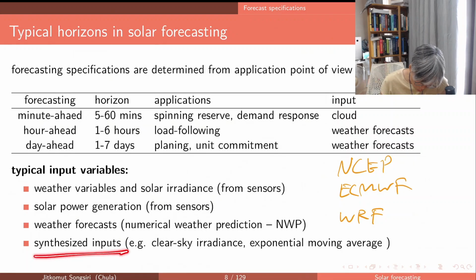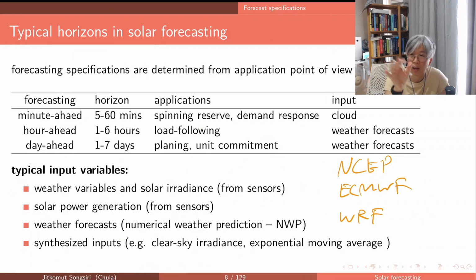The last one is what we call synthesized input. This is something that provides a trend value of solar irradiance. For example, clear sky irradiance, whose model description we will explain shortly. This is the value of irradiance under the clear sky. This is a mathematical model that relies on some physical laws.